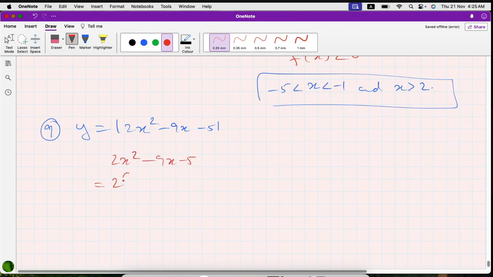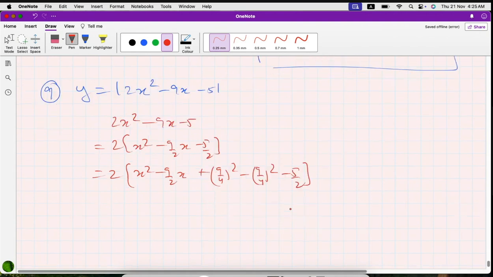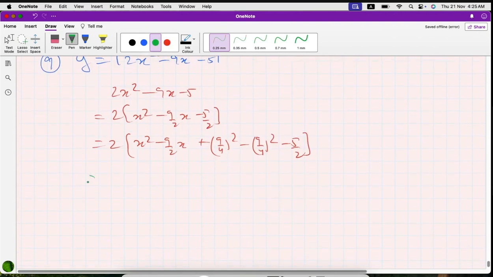So this is 2 common, x squared minus 9 by 2 x minus 5 by 2. Then that's 2 there, x squared minus 9 by 2 x. Half of the coefficient of x is 9 by 4, squared, minus 9 by 4 squared, minus 5 by 2. And 2 stays there.